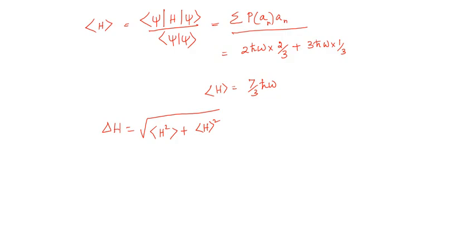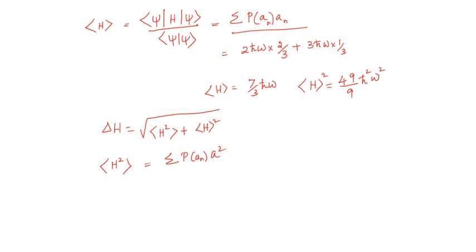So here you are having the expectation value of h. You just need to find the square of the expectation value, just square it. You will be having 7 sevens are 49 by 9 h cross squared omega squared. So to find the expectation value of h squared, again the formula you can write: probability of finding a particular energy into the square of the energy.